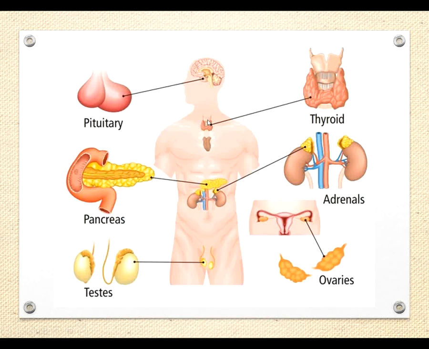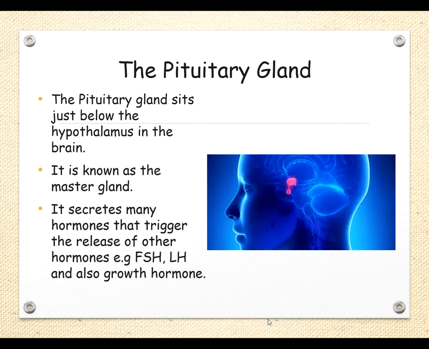Coming down to the thyroid gland, we're going to talk about the pancreas, the adrenal glands, which sit on top of your kidneys, the ovaries, which are located either side of the uterus, and the testes. Alright, so you've got a little box on your table to fill in on each of these. So let's start with the pituitary gland.